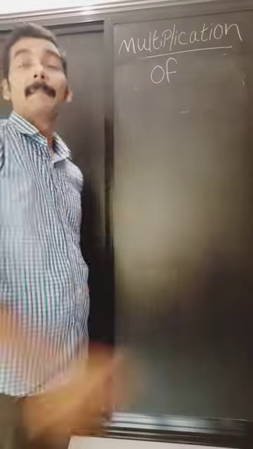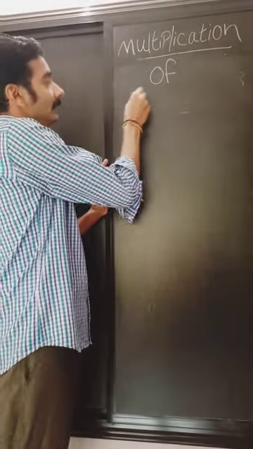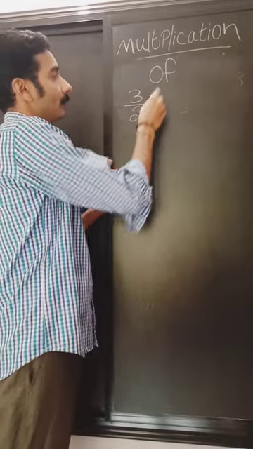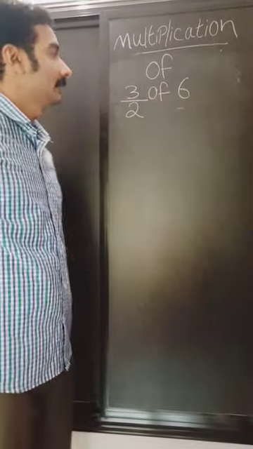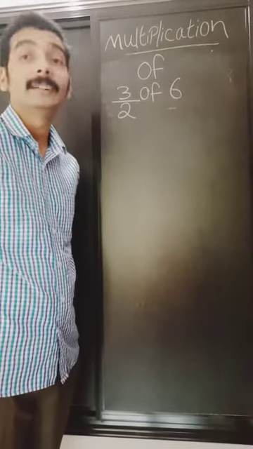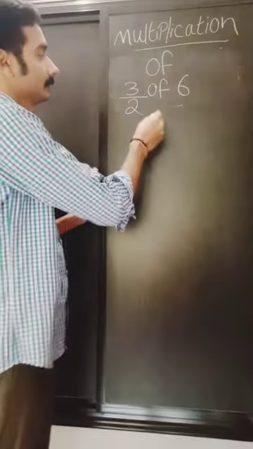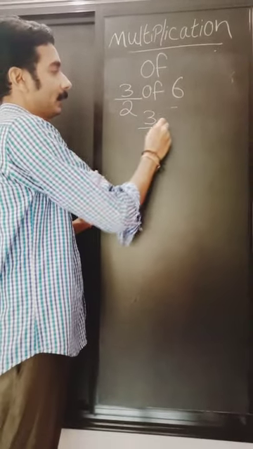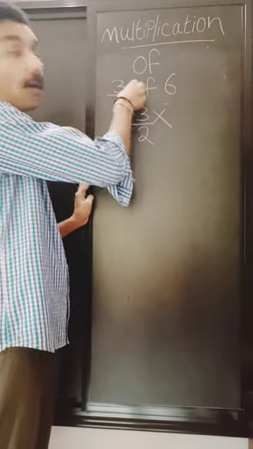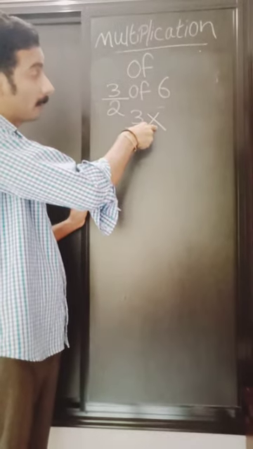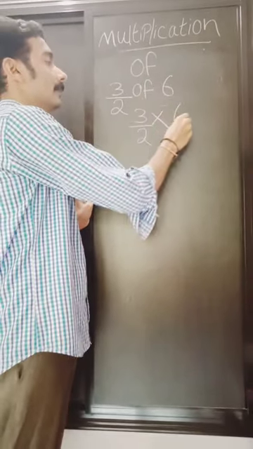The question is 3 by 2 of 6. Of means multiplication, operation is multiplication, 3 by 2 into 6.